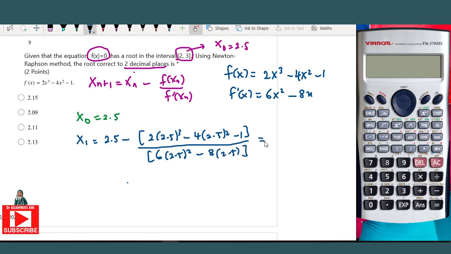Write down the answer in 3 decimal places, one extra decimal place. The formula is given here.